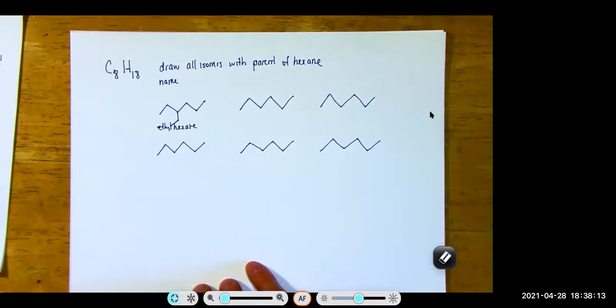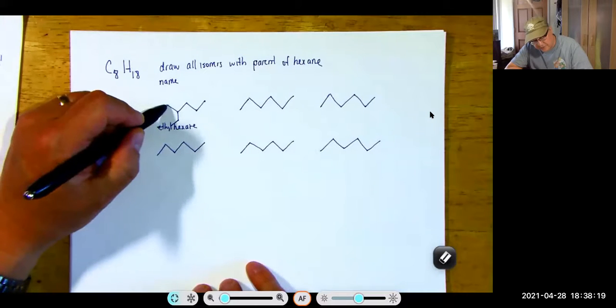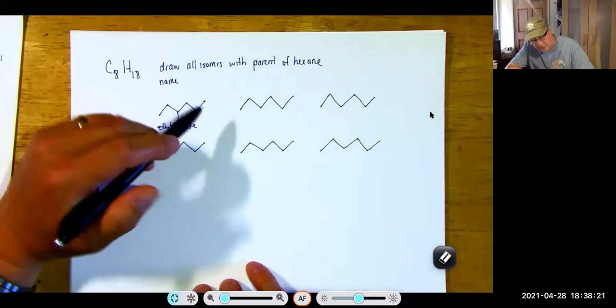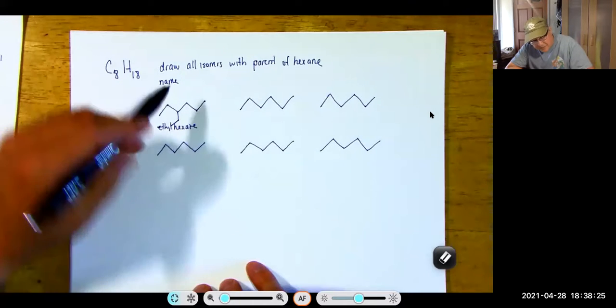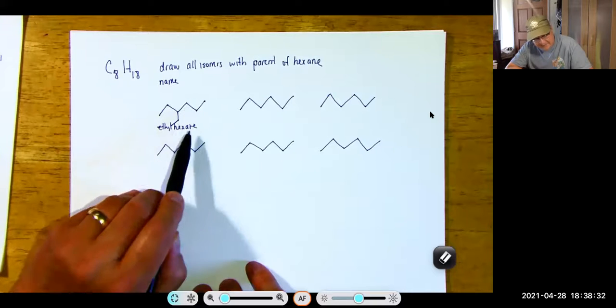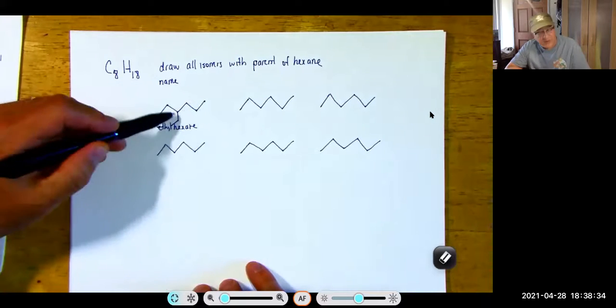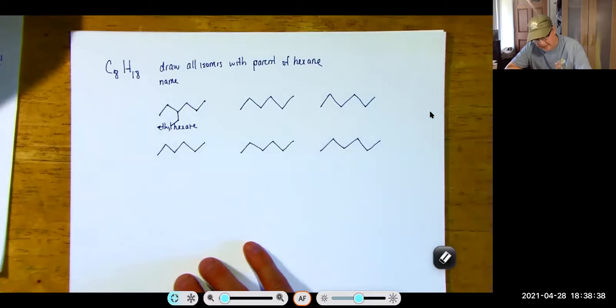Because it would have made the chain too long if it was on carbon 1. I can't put it on carbon 1 or carbon 2. I can't put it on this carbon, which would be 1, or this carbon, which would be 2. I could put it here, but that would be carbon 3, and that would be 3-ethyl hexane. If I put it here, it's 3-ethyl hexane, so it doesn't matter. It's only ethyl hexane.